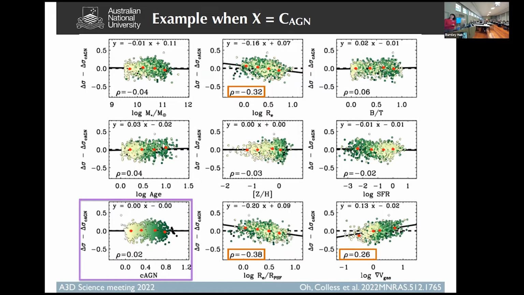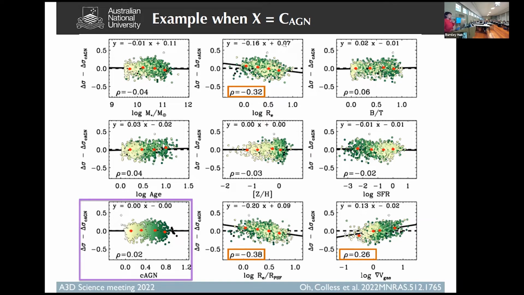So this is an example. First, I assume that there is just one single primary parameter that is physically connected to delta sigma, and that also explains all other secondary correlations. This is an example where I assume the CAGN parameter as the primary parameter.